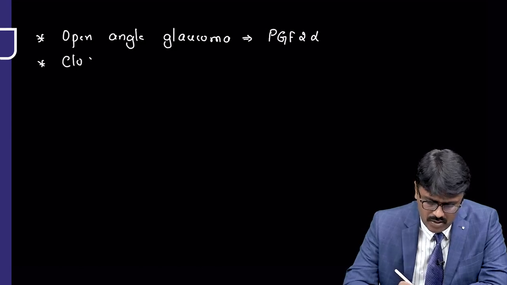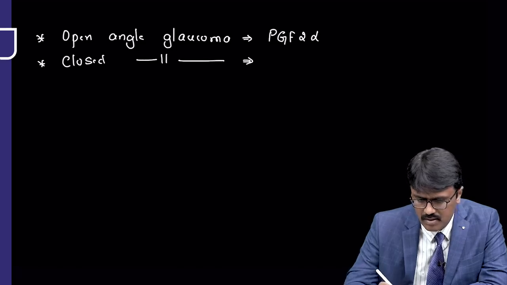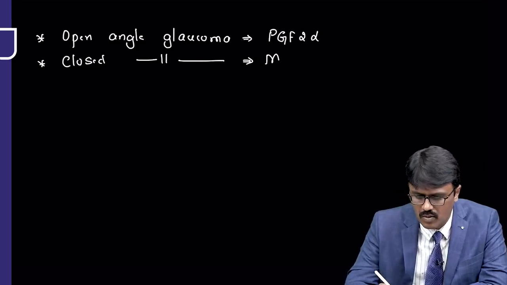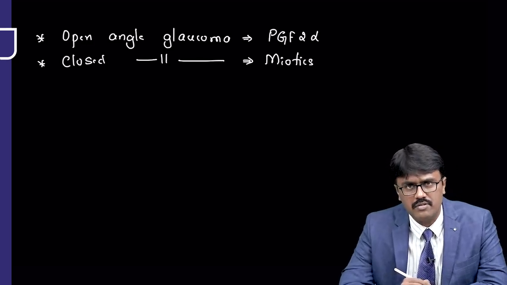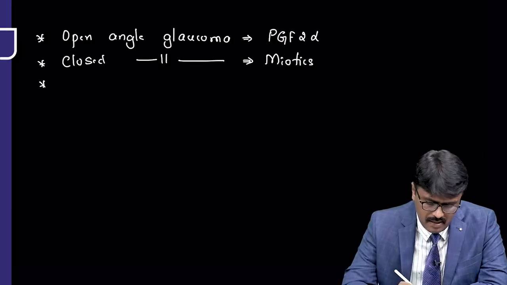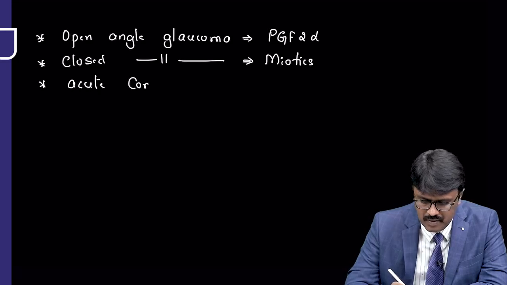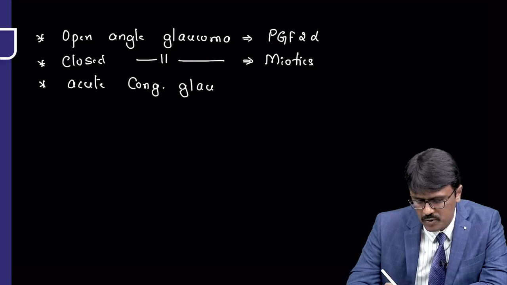What about closed angle glaucoma? In closed angle glaucoma, the angle between the iris and cornea is closed, so the opening can be done with miotics like pilocarpine, physostigmine, echothiophate. One more complication is the red eye, that is acute congestive glaucoma. What is the drug of choice?